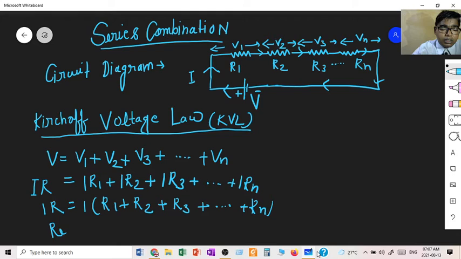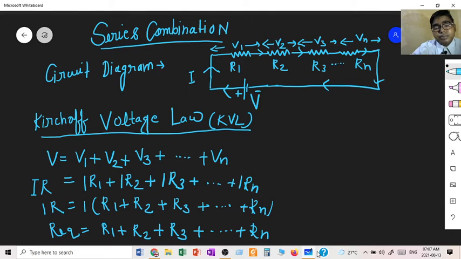Then R equivalent is R1 plus R2 plus R3 plus dot dot dot Rn.